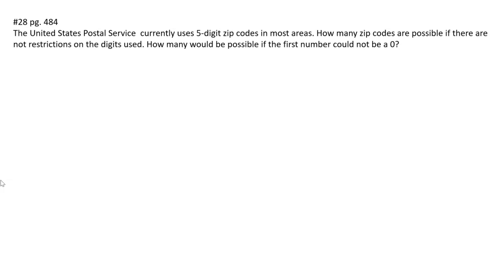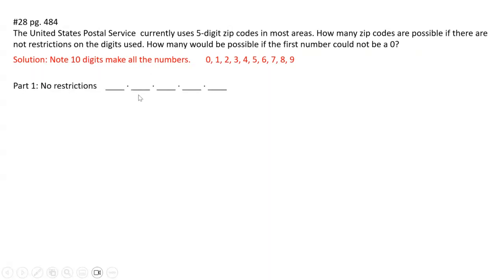And how many will be possible if the first number could not be a 0? Okay, so there's 5 choices, right? There's 5 digits. And the digits, right, has no restrictions. There's 10 digits that make all the numbers. So for the first part, with no restrictions, how many digits can go in the first slot? So it's going to be 10.